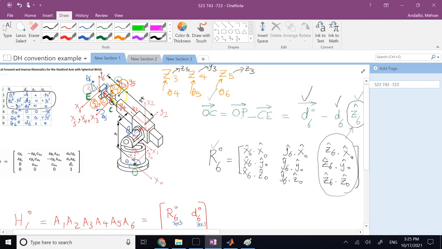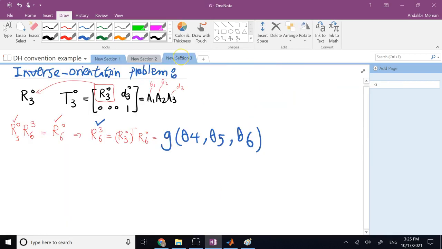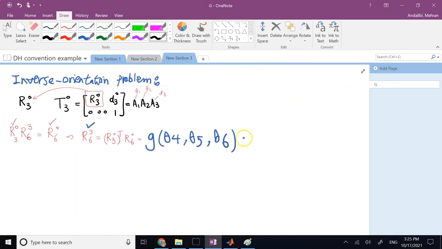Z, Y, Z. If we compare everything to only frame 3, the sequence is Z, Y, Z. So if I have the rotation matrix of Z, Y, Z for Euler angles, then this one definitely corresponds to that rotation matrix out of the Z, Y, Z sequence, which, if you remember, was a rotation about Z with angle phi, followed by a rotation about Y of angle theta, followed by a rotation about Z and angle psi, right? The ZYZ sequence.